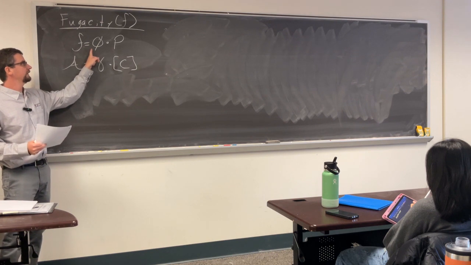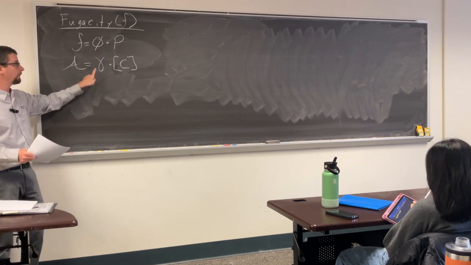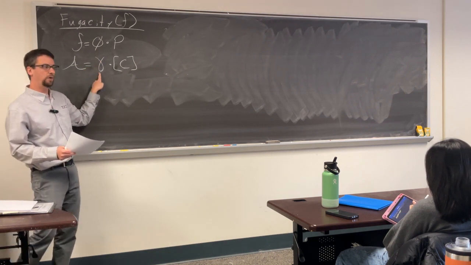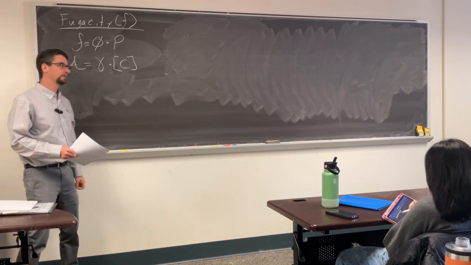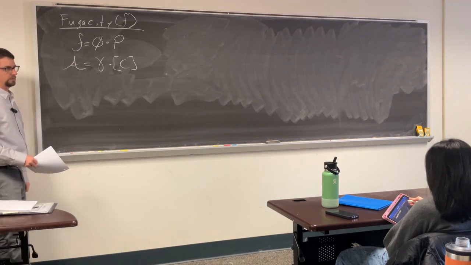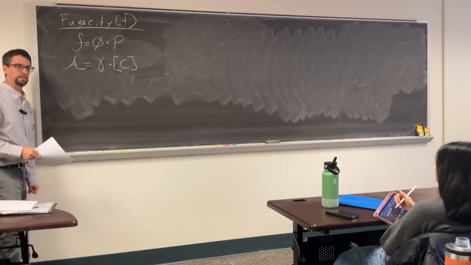What were you saying, Shannon, about this fugacity constant? Like the activity coefficient. And what does the activity coefficient tell you? So these tell you how ideal the system is behaving.